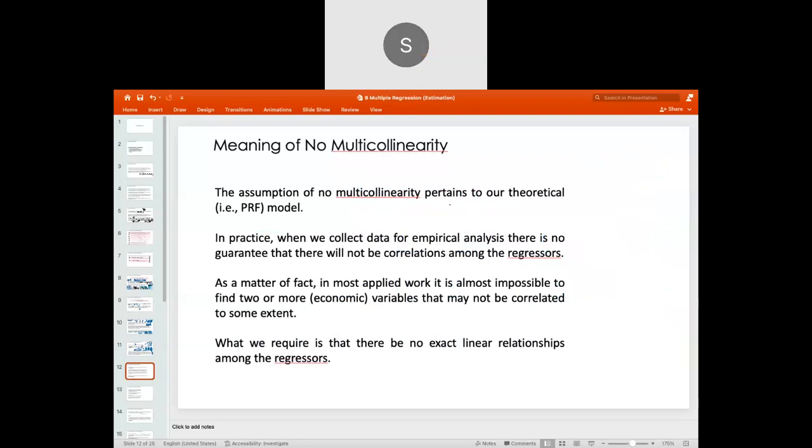Now multicollinearity is always there, right?